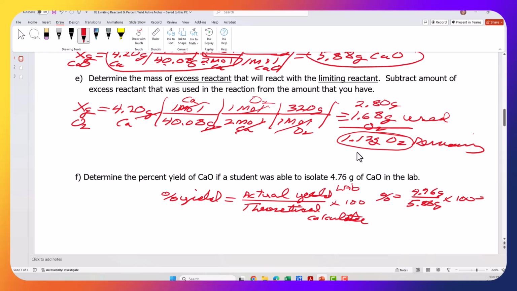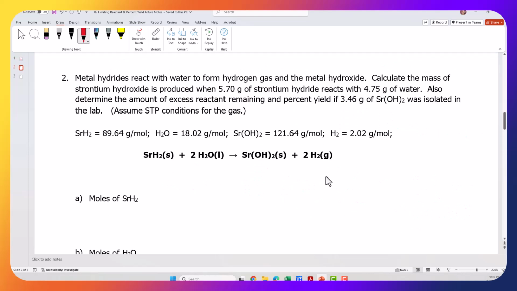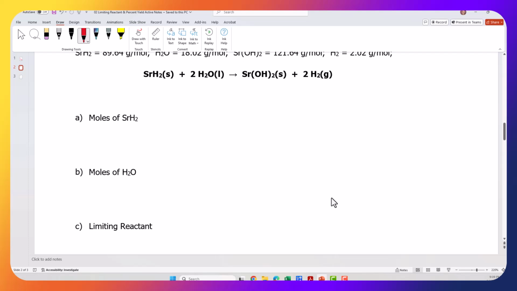I'm going to go ahead and call it 81%. I'm going to say it's 81.0% yield.